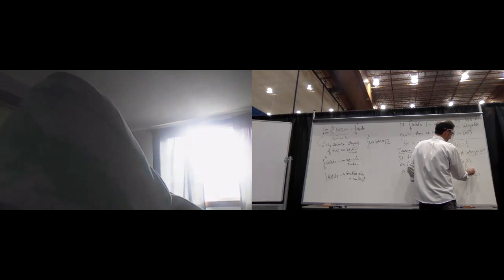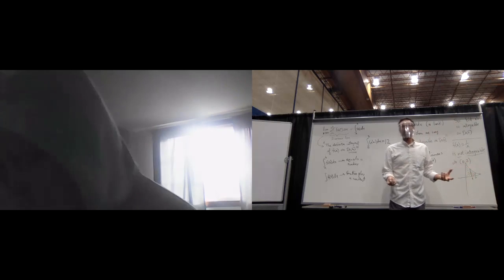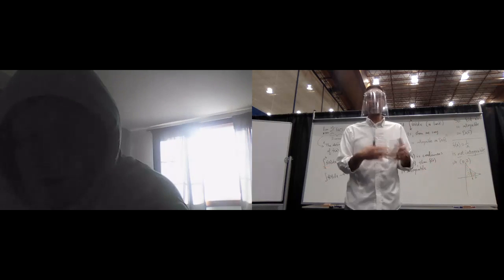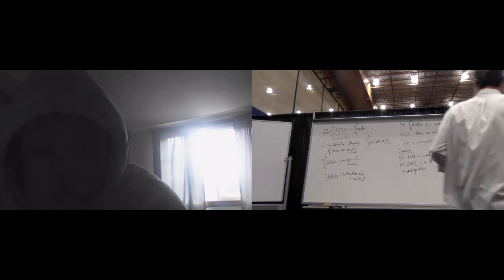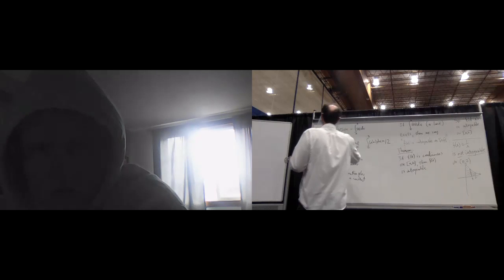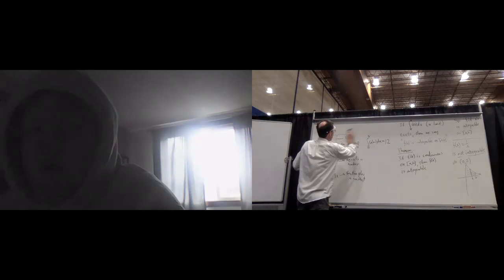If I take the interval from 1 to 2, I stay away from 0, the bad problem, then no problem, that's integrable. It's continuous on the interval 1 to 2, right? The only place it's not continuous is 0. If I can stay away from 0, no problem, the integral will exist. The limit will exist, therefore the function will be integrable.